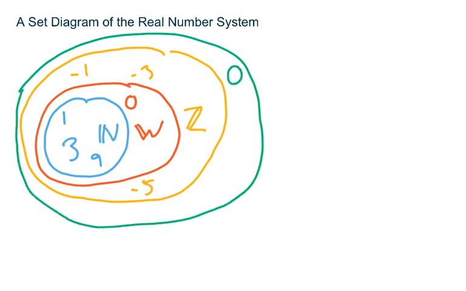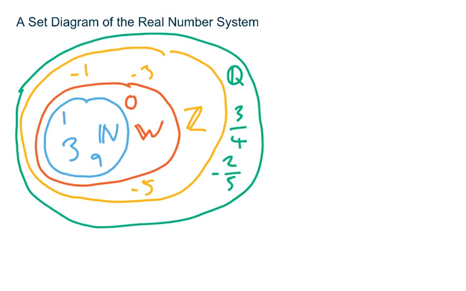and include the rational numbers, which is everything you see so far, plus fractions where the numerator and denominator are both integers. So that includes 3/4, -2/5, and so on. One set nested inside the other, inside the other.